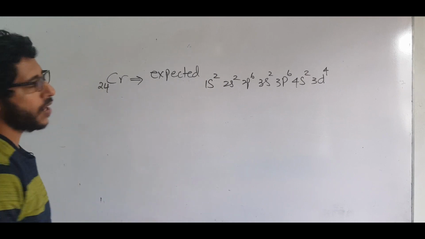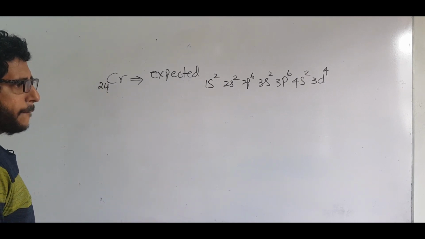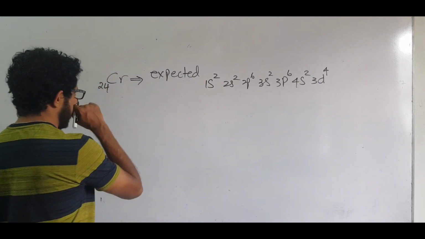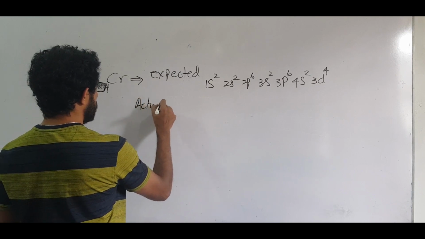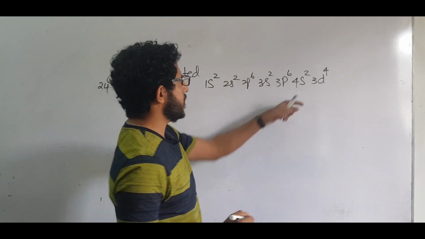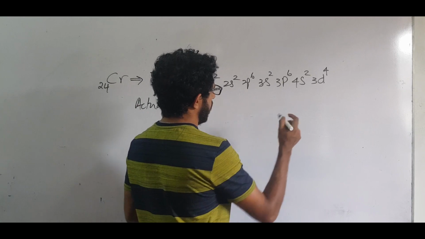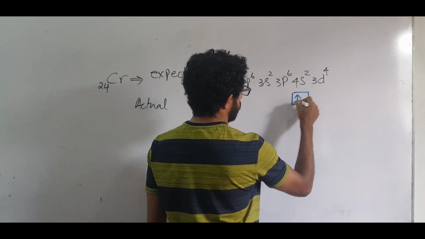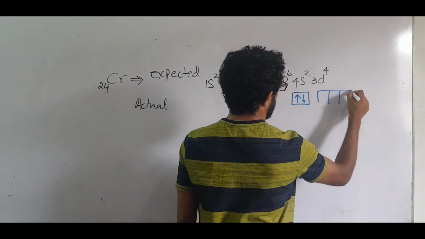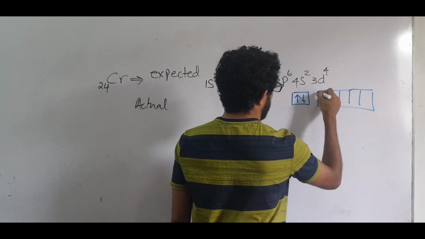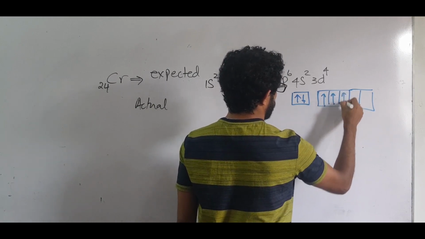That's how the 24 comes. But if we write the actual one, 4s2, 3d4 is like this: 1, 2, 3, 4.